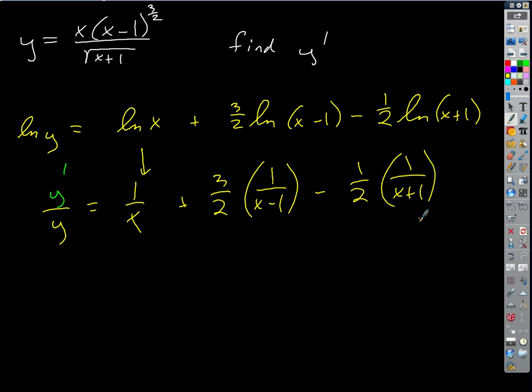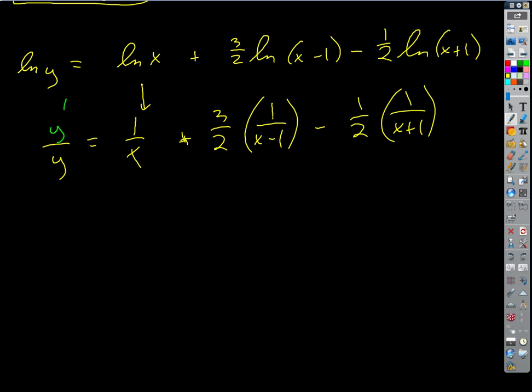But what's the only thing we have to do to get the y prime by itself? Multiply by y, and this is y. Right? So our answer might look kind of ugly, but who cares? It was really easy to get, wasn't it? Right?